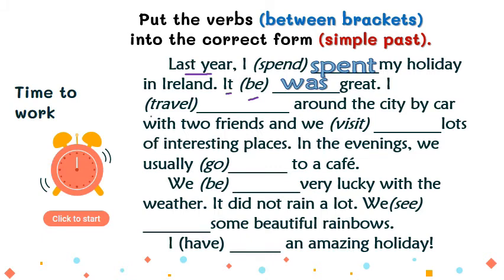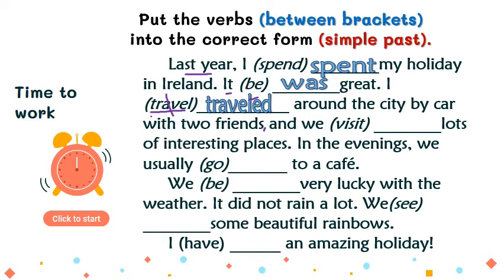I travel around the city by car with 2 friends. Okay, so I travel. All these happened in the past. Travel. This is the base form of the verb. I should add only ed. Becomes traveled, because this one is 2 syllables.